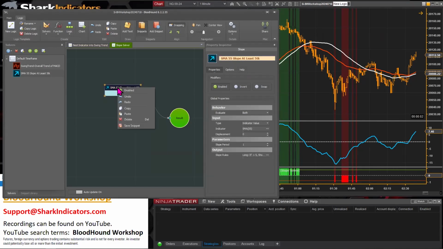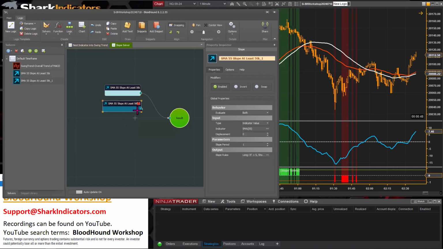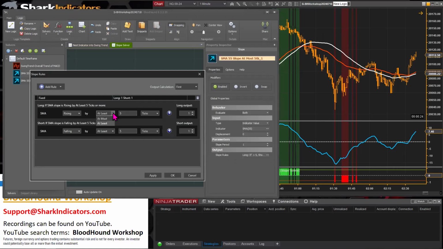And then the opposite example is, I'm going to make a copy here, and we can identify when that moving average has less than 5 ticks of slope. Let me put that in and rename this most. I'm going to keep the SMA 55 the same, and go into the slope rules and adjust this to at most, in other words, maximum.